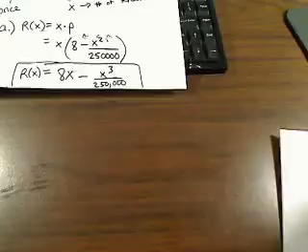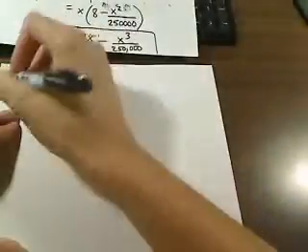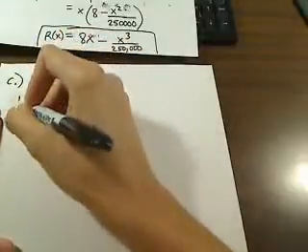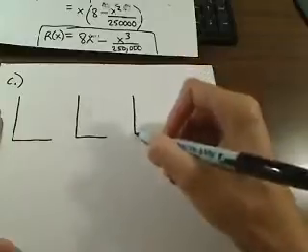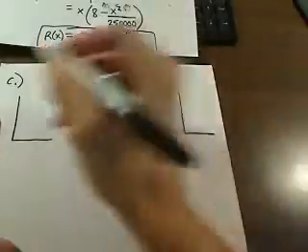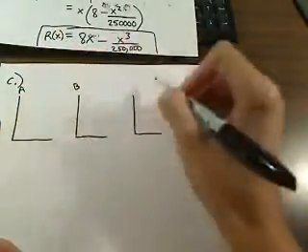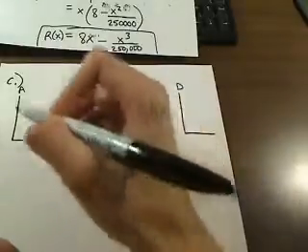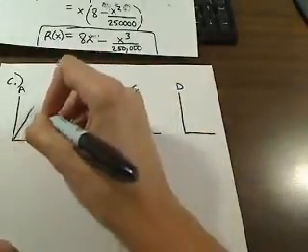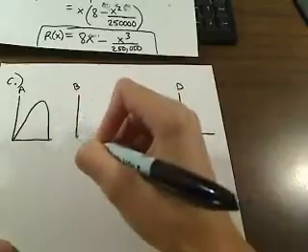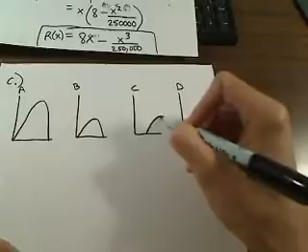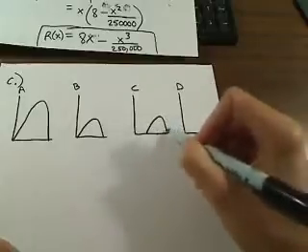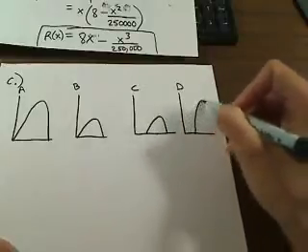That wasn't very good, so let me do a better picture here. This is part C, and we have 4 graphs that they're giving us: A, B, C, and D. A is something like this. B is something like this. C is doing this. And D is doing this.